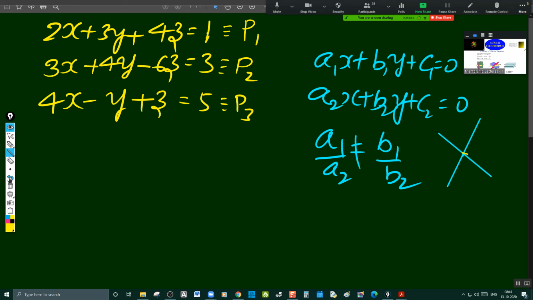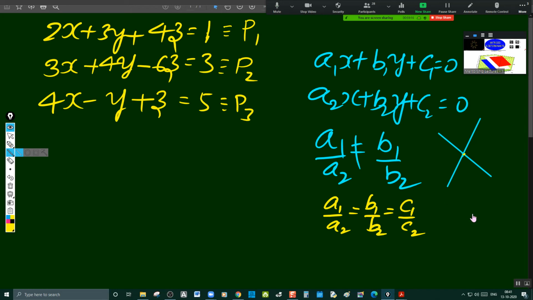We can make use of this concept here also. That's what I mean to say. For example, if A1 by A2 is equal to B1 by B2 and is equal to C1 by C2, the lines are similar, many solutions.